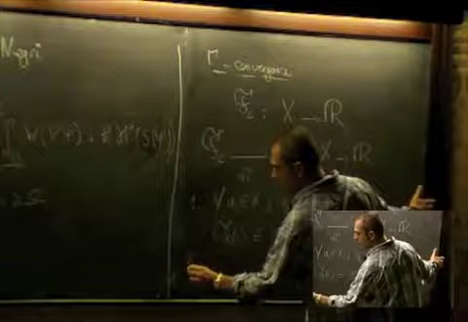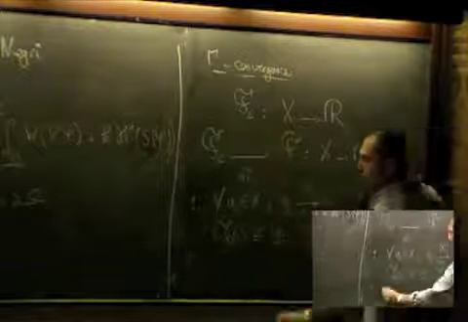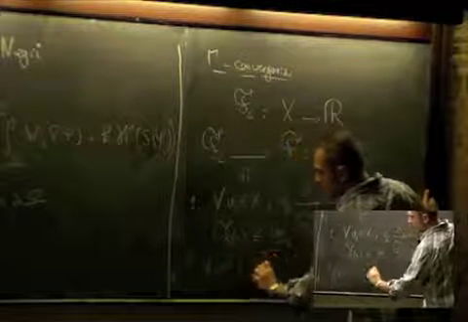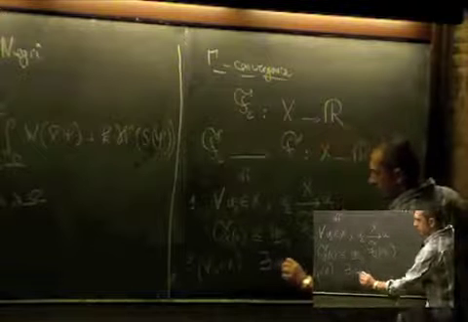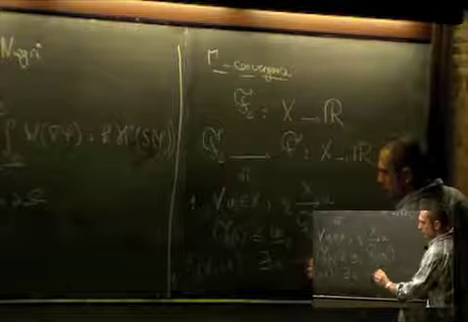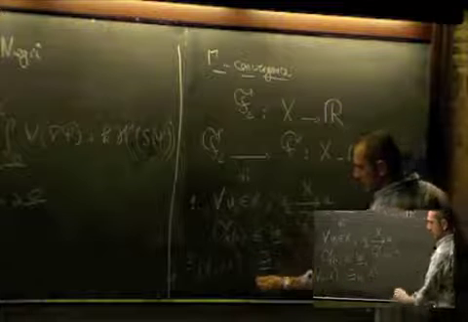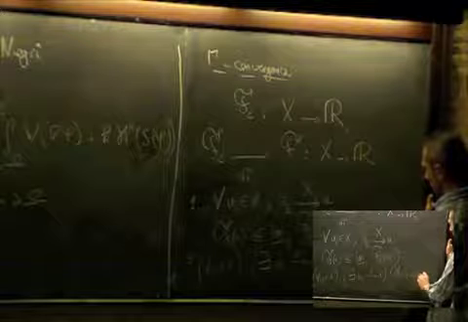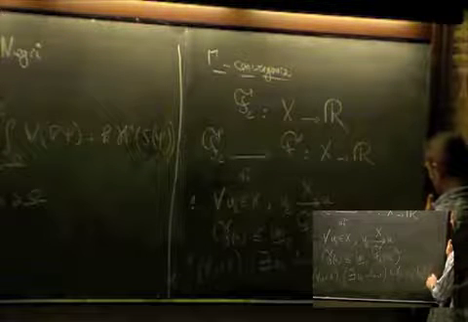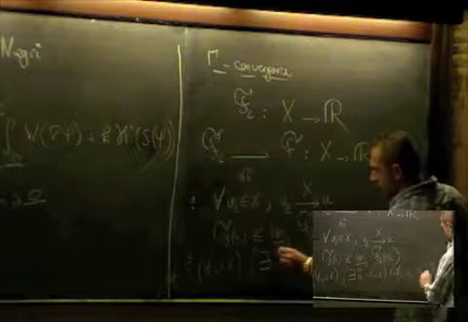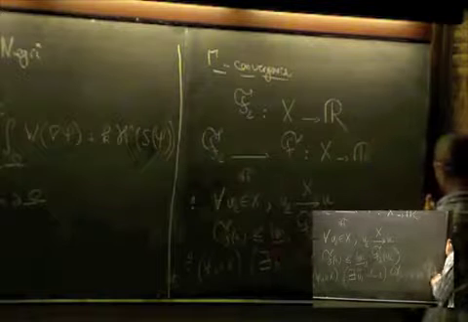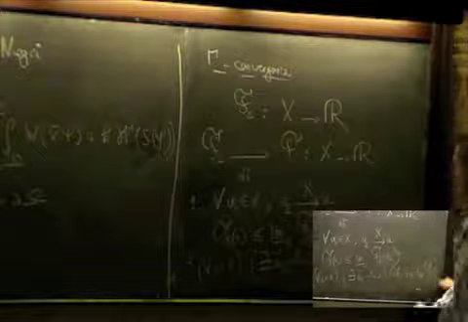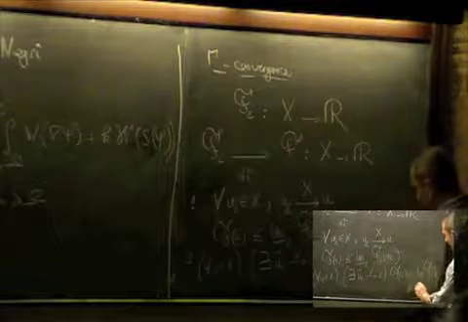Second, for every U in X, there exists a sequence U tilde epsilon which converges to U in X such that f of U equals the limit of f epsilon of U tilde epsilon, which can be equivalently replaced by greater than or equal to the lim sup.